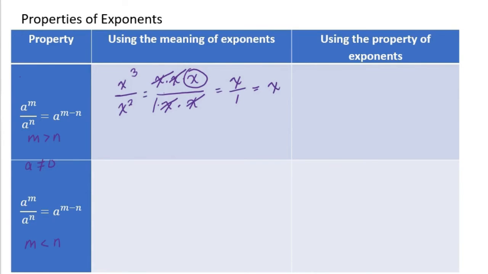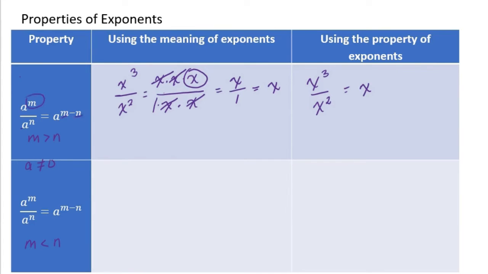So we could absolutely come to the same conclusion using the property. Same question, x to the power of 3 divided by x to the power of 2. Well, our property tells us that we are absolutely allowed to divide these as long as the bases are the same. x and x, they are. And if that's the case, we only have to write the x once, the base once. And now we'll take m and subtract n.